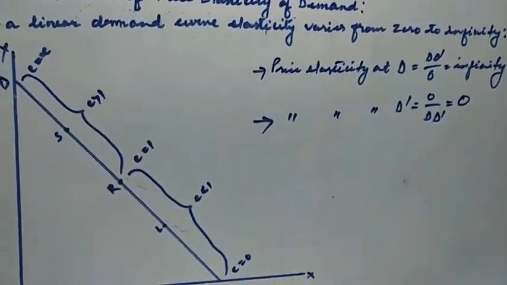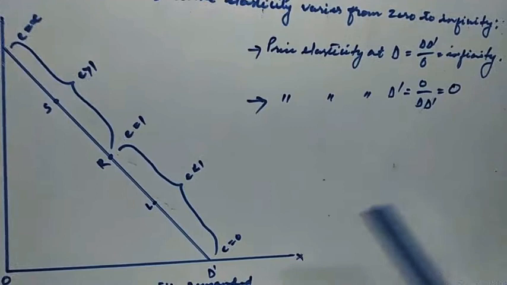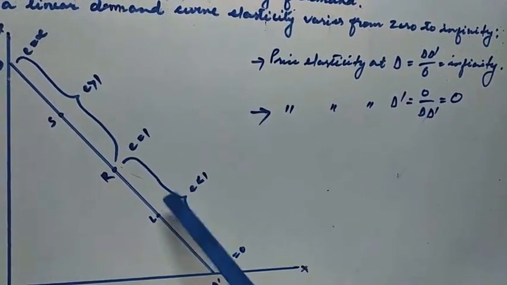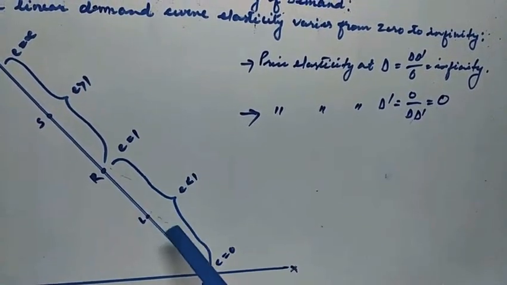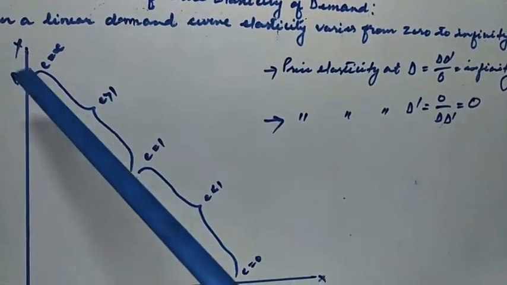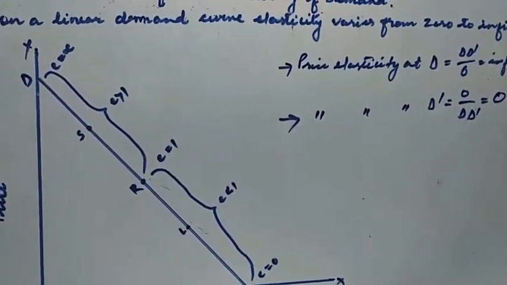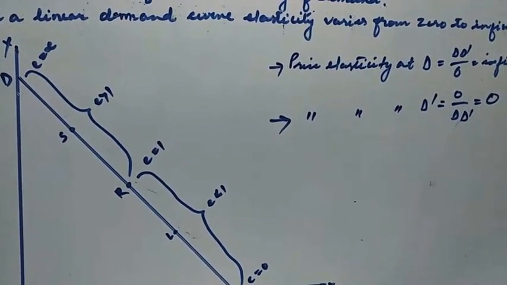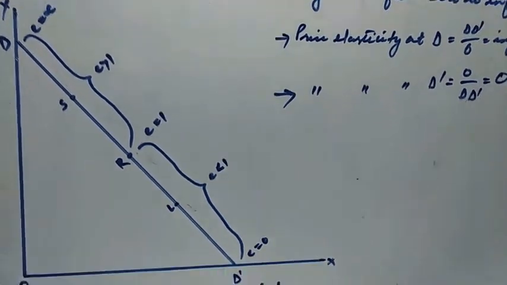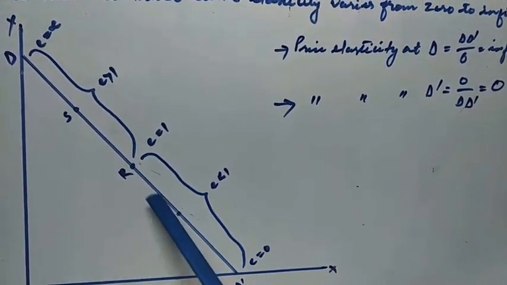And moving ahead, let us take another case where the point is at L, which is in the lower segment of the demand curve DD dash. L lies below the middle point on the linear demand curve, as we see here.